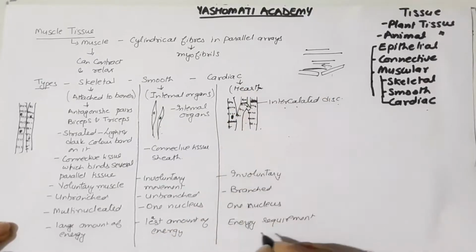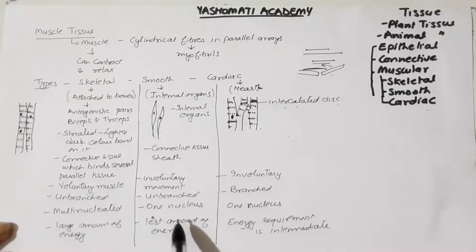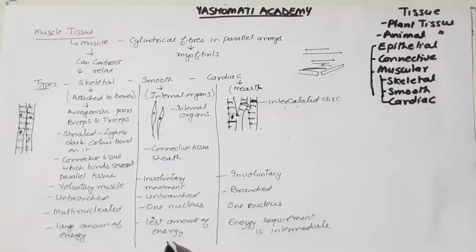And cardiac muscle, its energy requirement is intermediate. Or in other words, skeletal muscles consume a lot of energy, then next comes the cardiac muscle, and smooth muscles require the least amount of energy for the contraction.